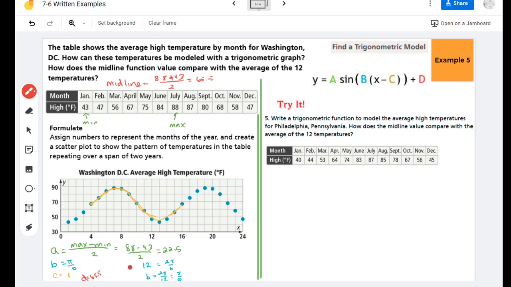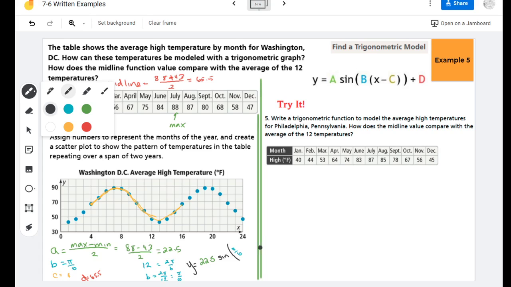So the function that I would write out, I would say y equals A, which is 22.5. And then I used the sine function to do this. I'm going to say times the sine of B, which is pi over 6.